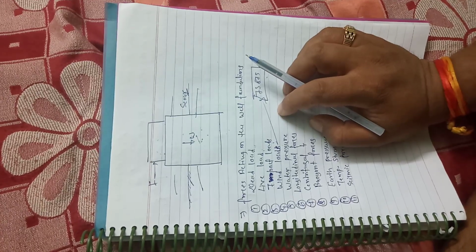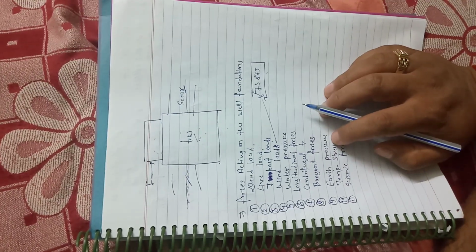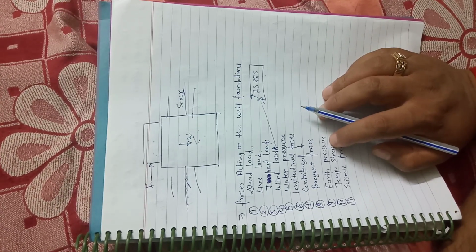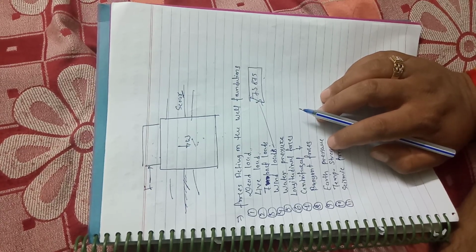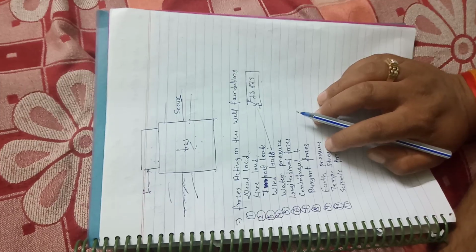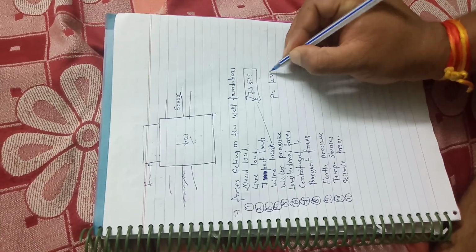On piers, we are talking about the water pressure. The water pressure due to the water current acts on the part of the substructure which lies between the water level and maximum scour level. On piers parallel to the direction of the water, the intensity of water pressure is given by P equals K V squared.